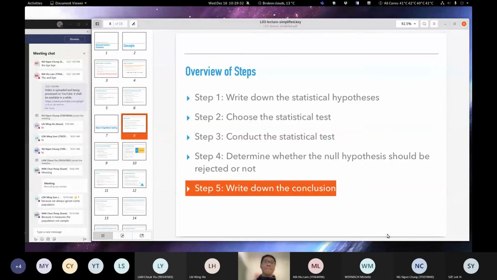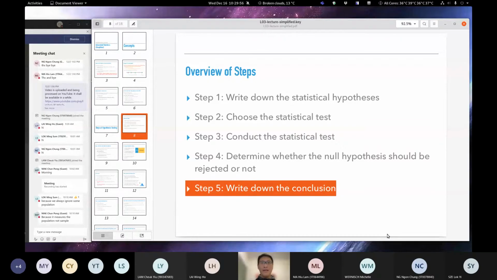And finally, now this one is quite important. Many people in the past, when they use the computer software and they finally got the answer from the SPSS, they think that, well, this is the end of their analysis. But in fact, that is not.